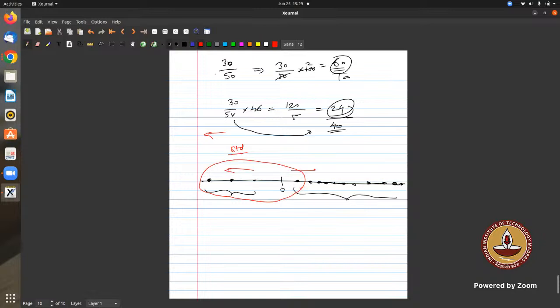But your population is biased towards the other side. So if I calculate the sample standard deviation only by dividing by n, it will create a bias.